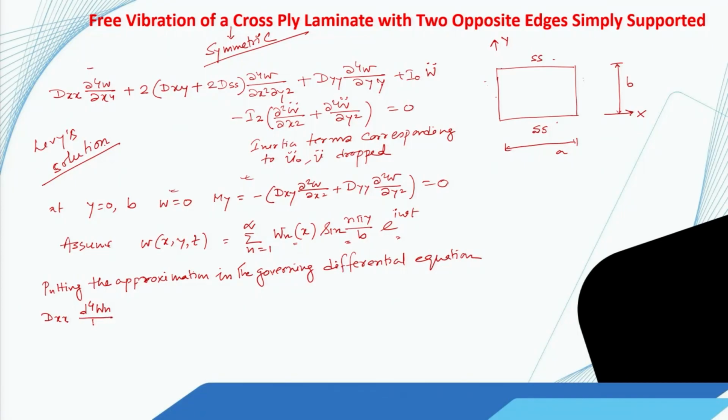d4wn by dx4. Here wn is a function of x only, so instead of writing partial derivative, we are writing d. The rest of the terms will become common, so we will take care of that later.